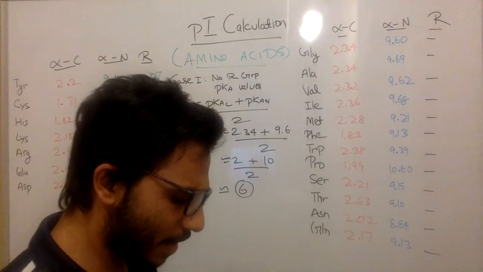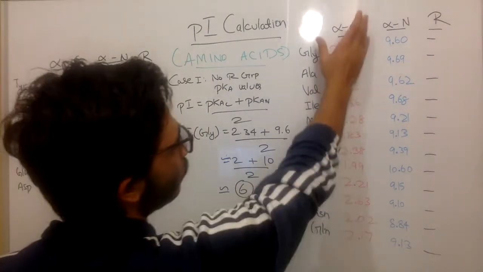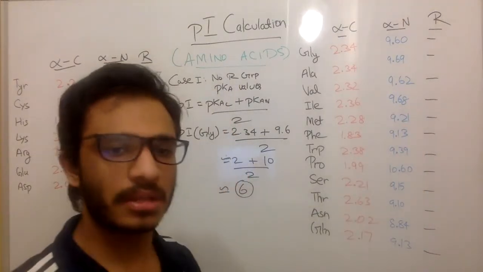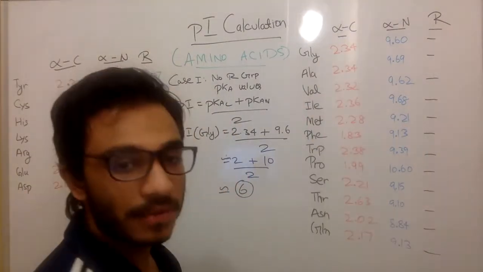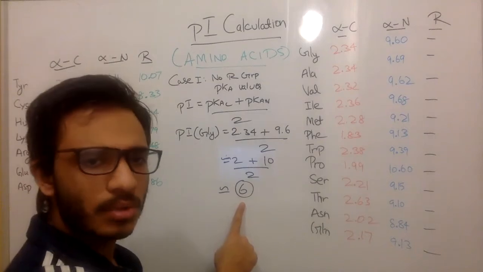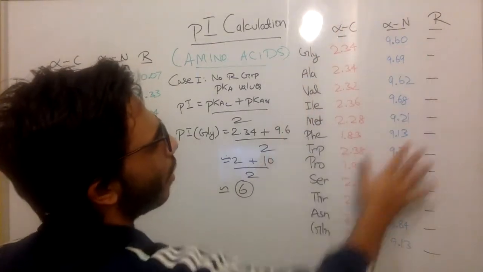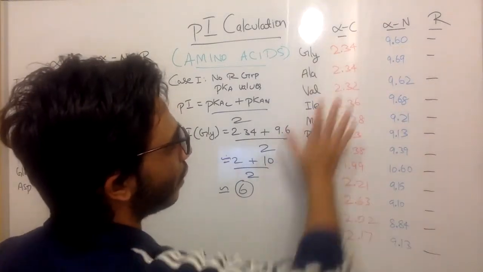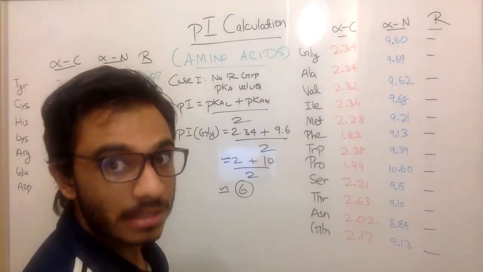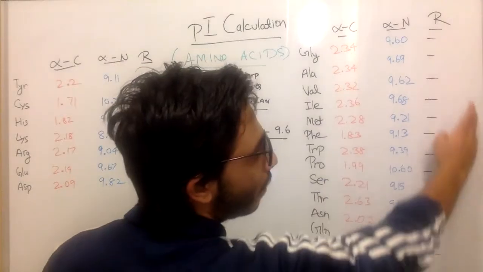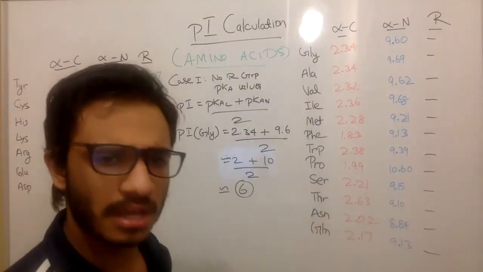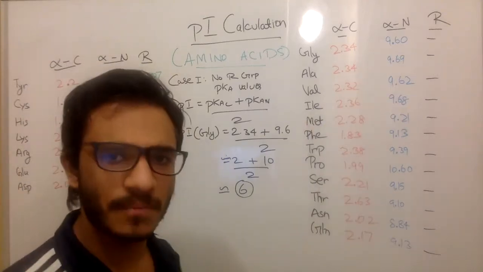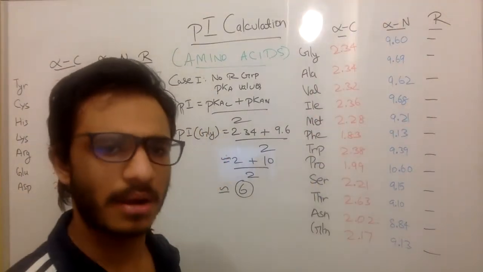So if you can see the pattern, we normally assume a pK of 2 for the carboxy group and a pK of 10 for the amino group. Then in all the cases, you will get a pI of 6, and that's totally fine, because all these 13 amino acids with R groups that don't have their own pKa values, that are not ionizable, will have a pI of around 6.